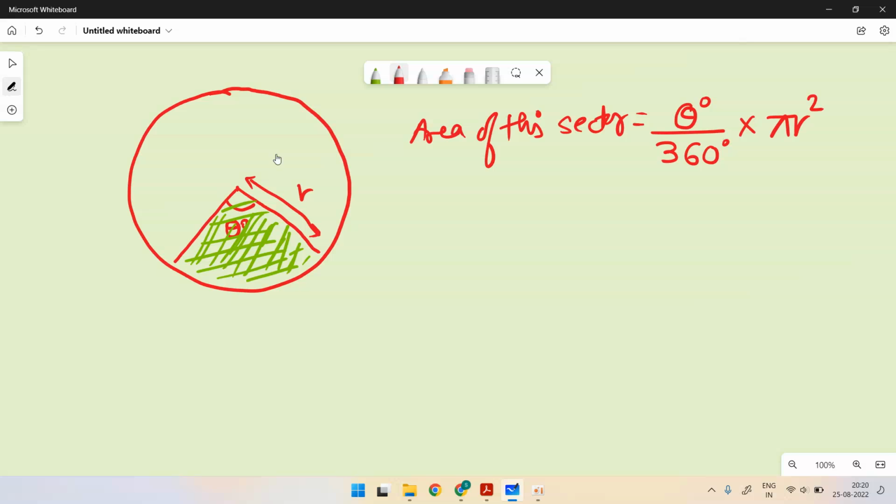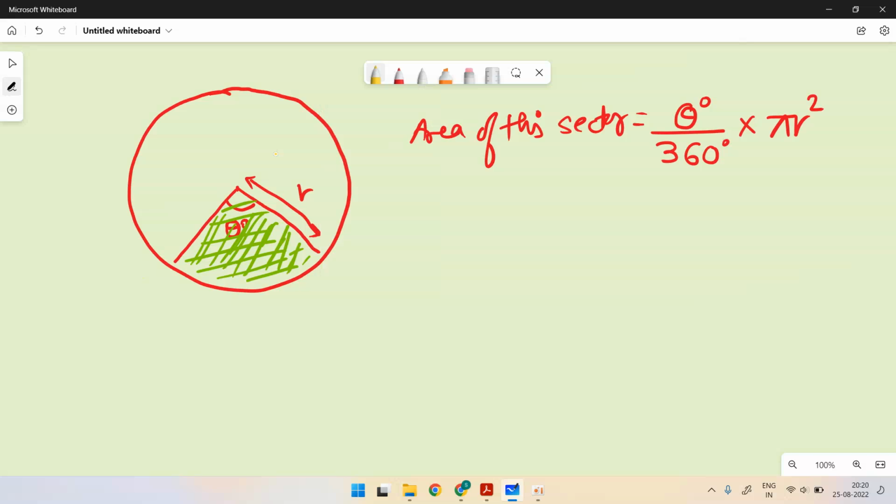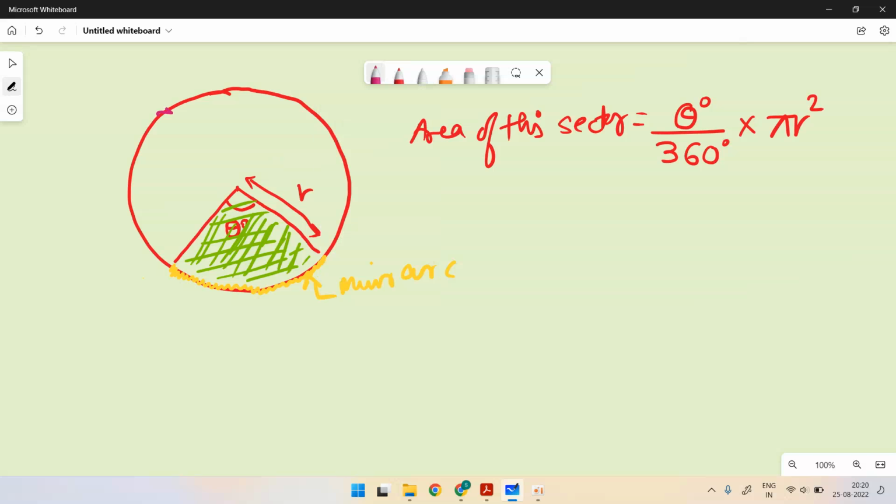Now if you want to find the length of this arc, this is known as an arc. This is the minor arc, and this length is known as the major arc.